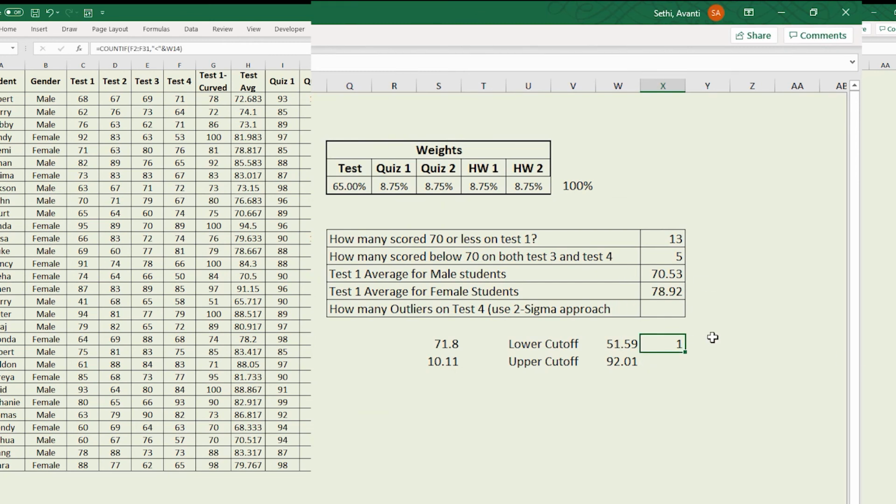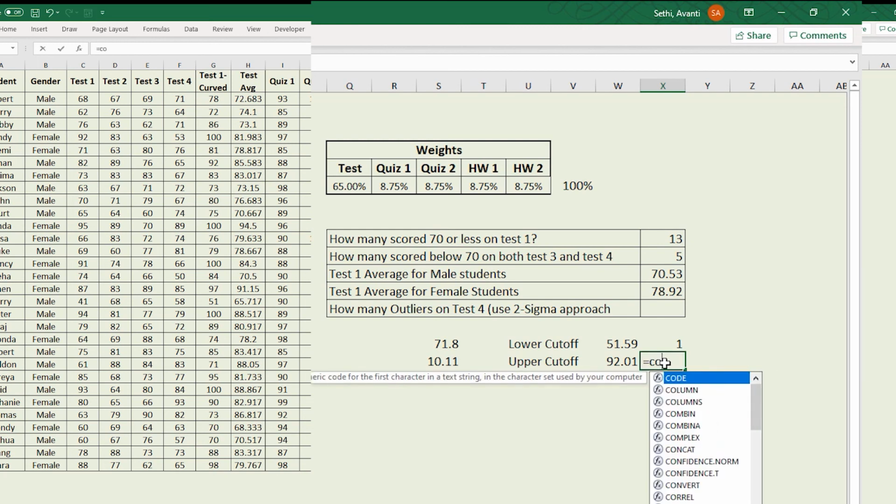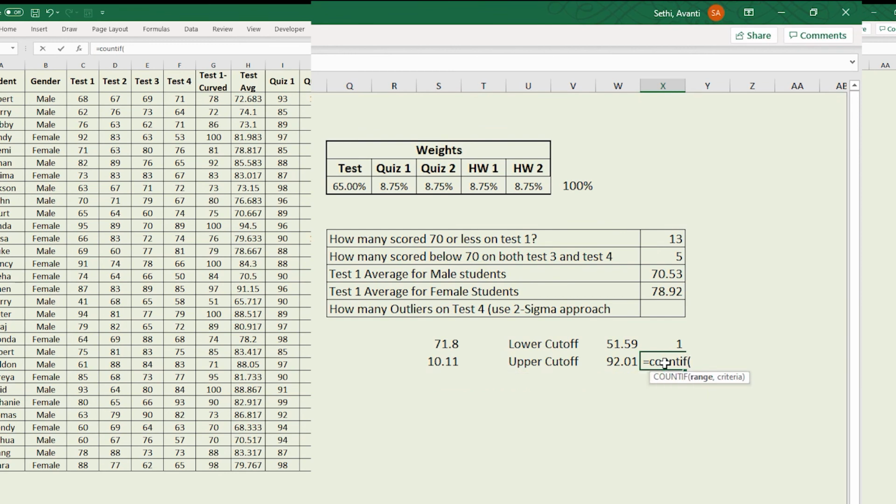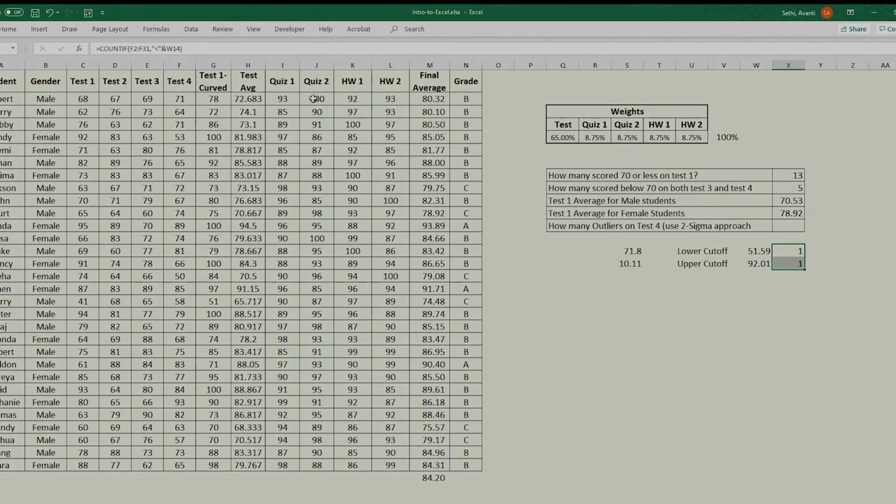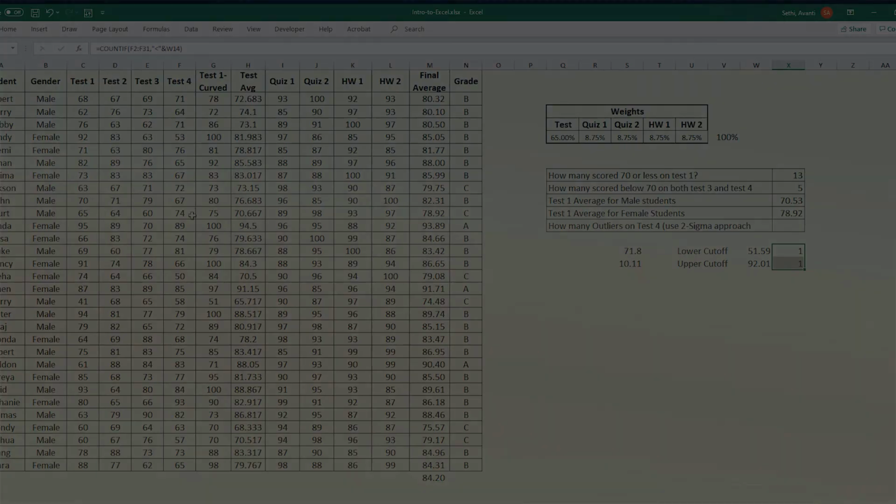And for the upper one, do the same thing. COUNTIF, once again the range, and greater than that number, 1. So total 2 outliers. So with that, our recording is over.